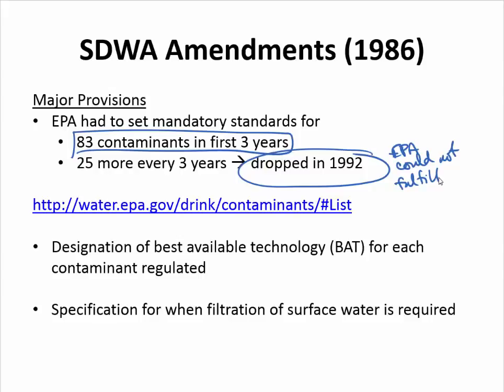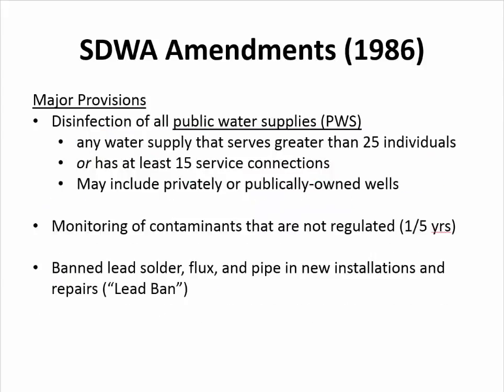The amendment also directed the establishment of best available technologies for each regulated contaminant, and it specified when filtration of surface water is required. It stated that all public water supplies must perform disinfection.